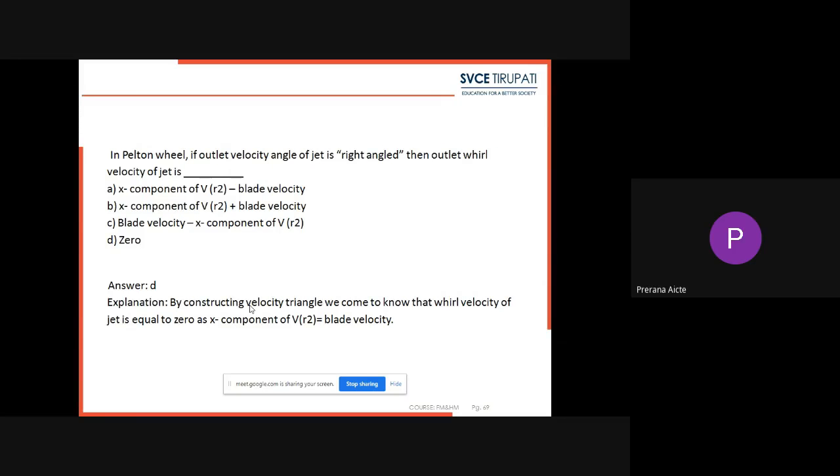Then the next one, in a Pelton wheel, if the outlet velocity angle of the jet is a right angle, then the outlet whirl velocity is 0. By constructing the velocity triangle, we come to know that the whirl velocity of the jet is equal to 0, as the x component of VR2 will equal the blade velocity.